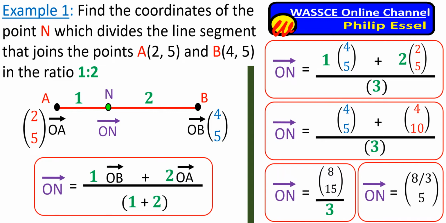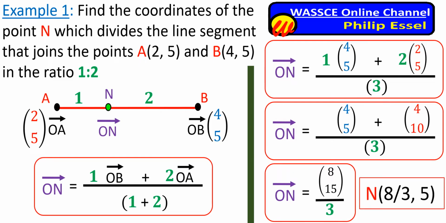So at this point we have been able to find the position vector ON of the point N. But remember, the question did not ask us to find the position vector ON. Rather, the question asked us to find the point N. What it means is that we have to find the point N by converting this vector ON to its coordinate form. When we do this, we get the point N to be equal to (8/3, 5).